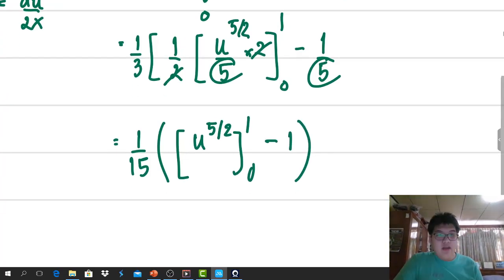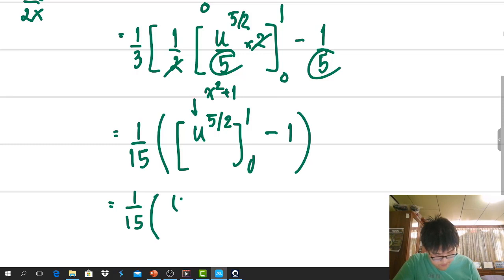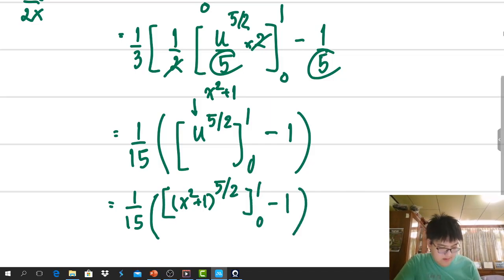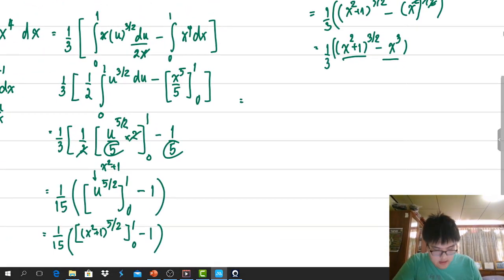Here, you need to put the value back. Thus we let u be x squared plus 1. Then 1 over 15 times (x squared plus 1) to the power 5 over 2, with the bounds 1 and 0, minus 1. Then we will move here, equal to 1 over 15.